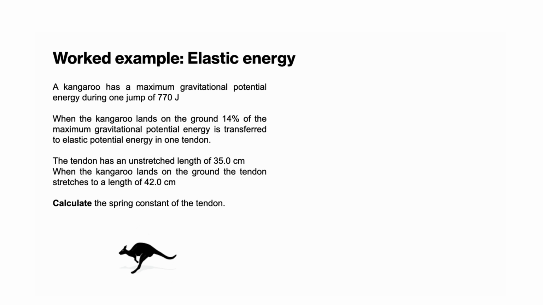Worked example, elastic energy. This is a calculation question. So let's write GUESS. We're looking to find the spring constant. So we should be dealing with this equation. Look at what we're given.